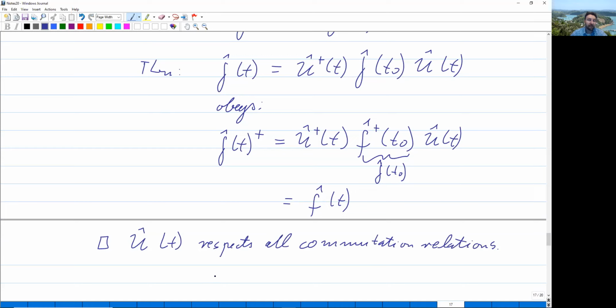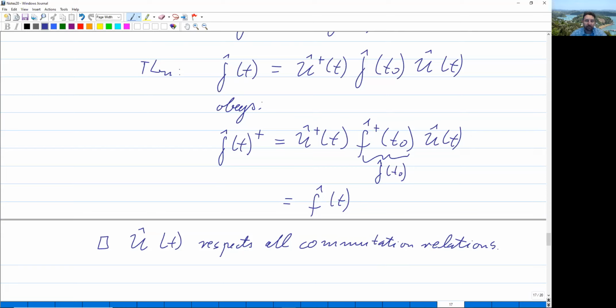So this means in particular that if you have that x of t naught and p of t naught obey some commutation relation, it could be that the commutator is just i h bar, or it could be the case where gravity somehow intervenes and the commutator between x and p is more complicated on the right-hand side.